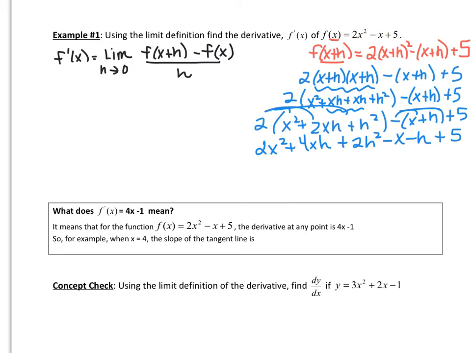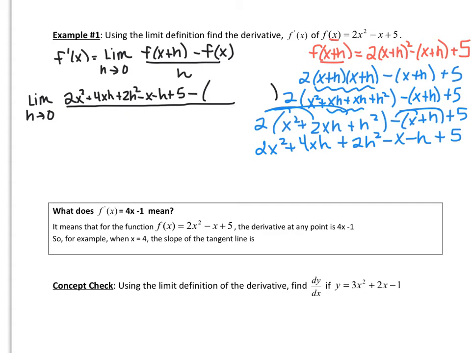So I have the limit as h approaches 0 of 2x squared plus 4xh plus 2h squared minus x minus h plus 5 minus f of x. And this is my f of x function. So 2x squared minus x plus 5 all over h.